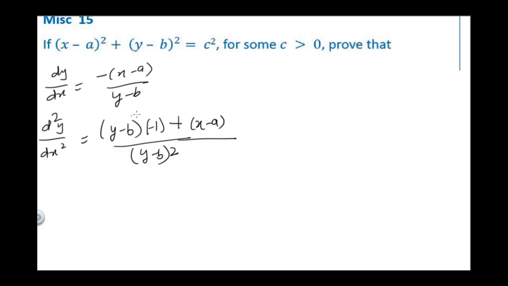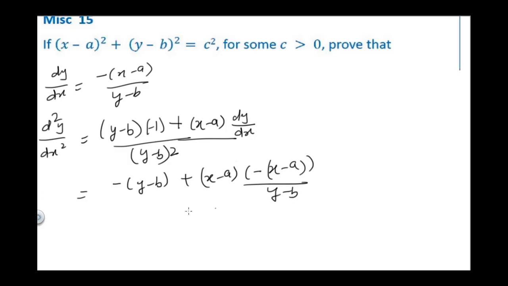Differentiation of y minus b is dy/dx, right. Now we can place the value of dy/dx that we got. So we have minus of (y minus b) plus (x minus a). The differentiation of y with respect to x, we were getting it as minus (x minus a) divided by (y minus b), whole divided with (y minus b) whole square.